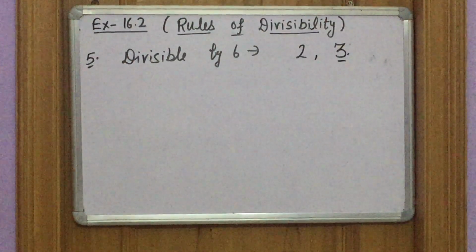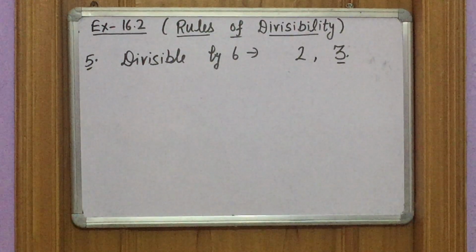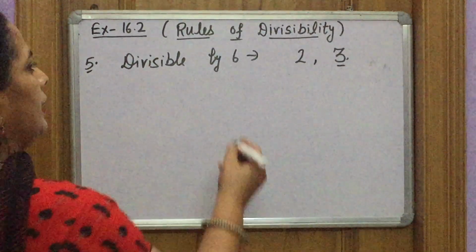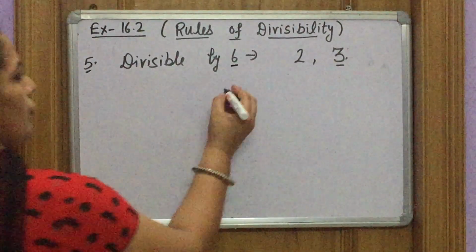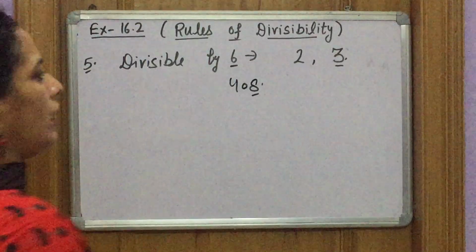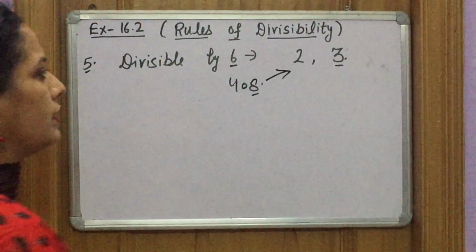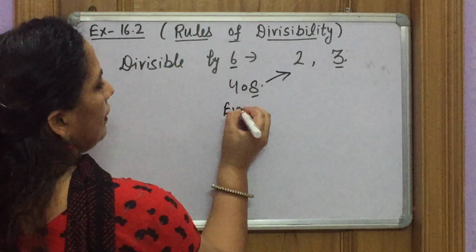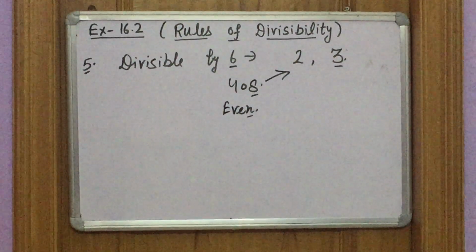If a number is divisible by 2 as well as 3, then we will say that this number is divisible by 6. For example, 402. First of all, check this number. Is it divisible by 2 or not? Yes, because this is an even number and even number is always divisible by 2.